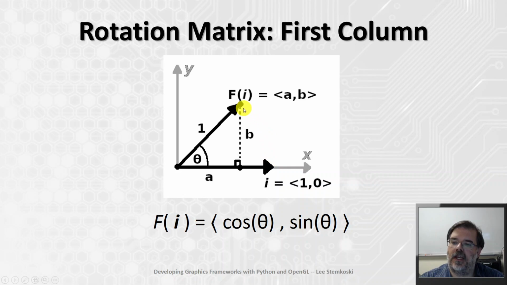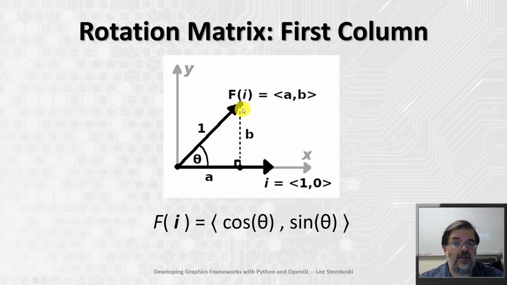So we're going to rotate that through some angle theta. So we want to know what are the coordinates of this endpoint. We can think of this vector as being a units across and b units up from the origin. And the vector itself forms the hypotenuse of a right triangle.